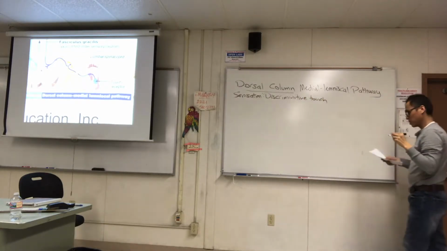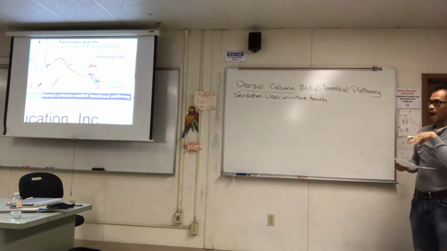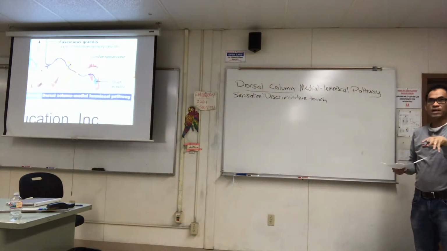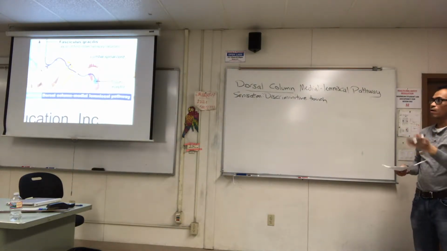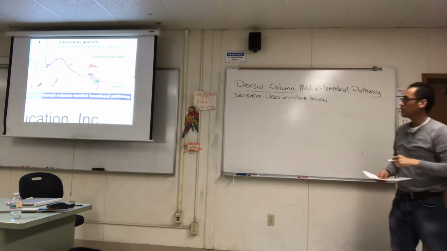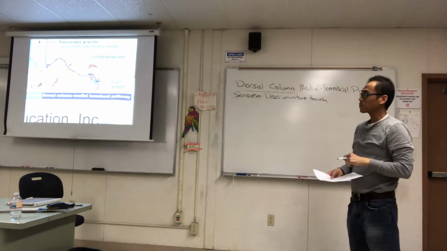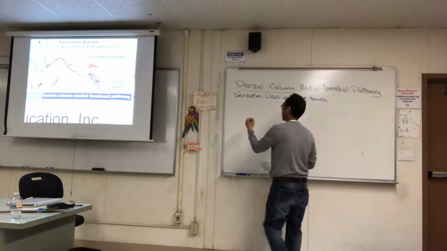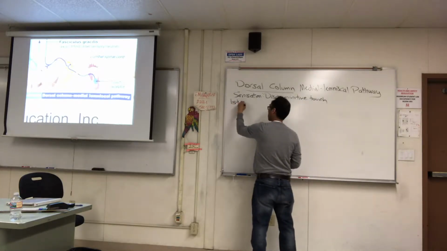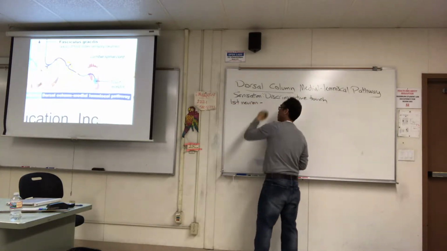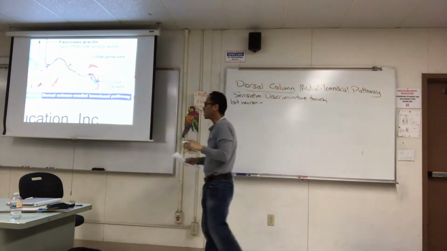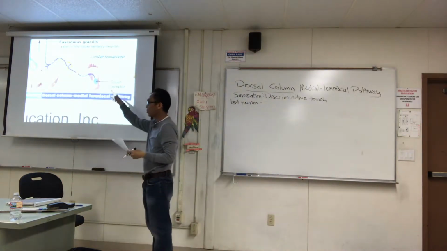Discriminative touch. So it's just about following the three cells in series, the three cells in a row. Start with the one with the touch receptor. Okay, the first neuron, let's call it. For all of these first neurons in the sensory pathways, the cell body is in the posterior root ganglion.